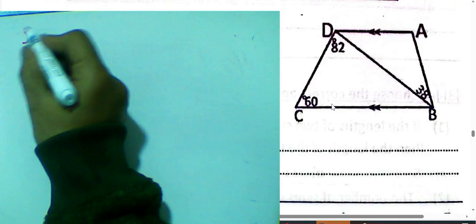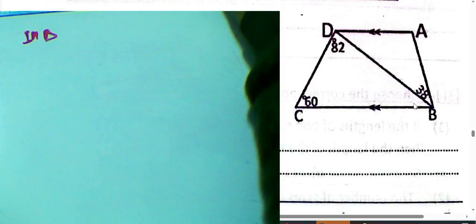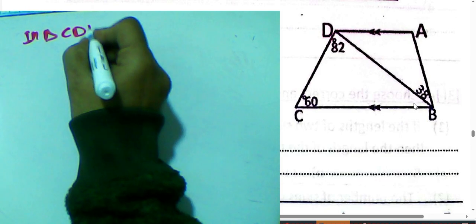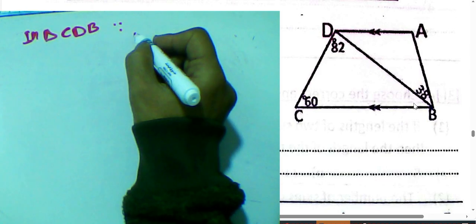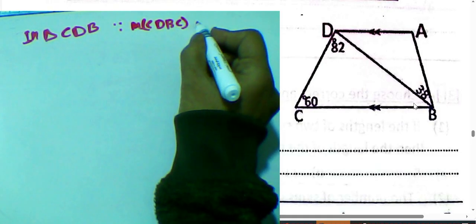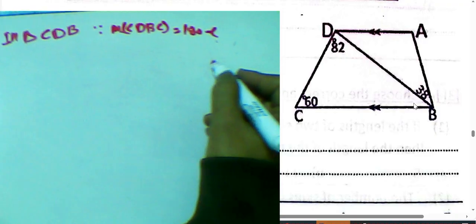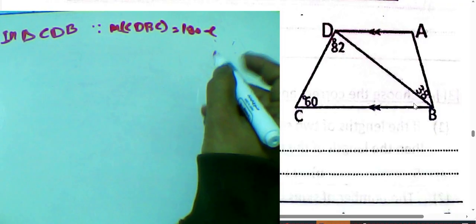Then we can write in triangle CDB, first we can find this angle. The measure of angle DBC is equal to 180 subtract the sum of the interior angles, here 82 and 60.